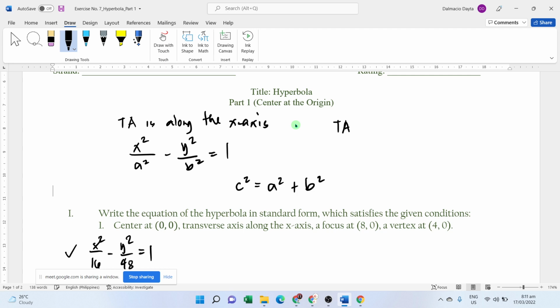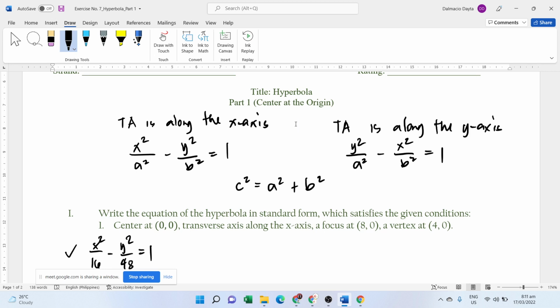Now, if the transverse axis is along the y-axis, the equation is y squared over a squared minus x squared over b squared equals 1.